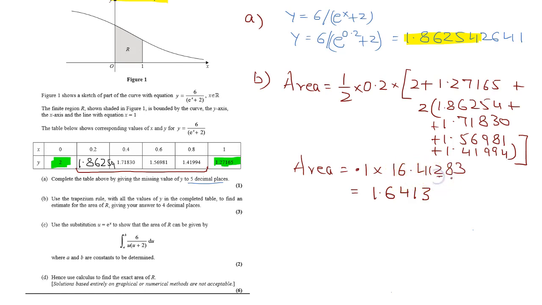This is 2 and this is 8, so this will be rounded up by 3. So the area of R is 1.6413.